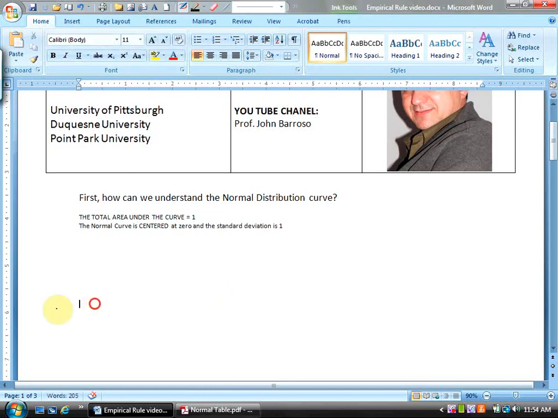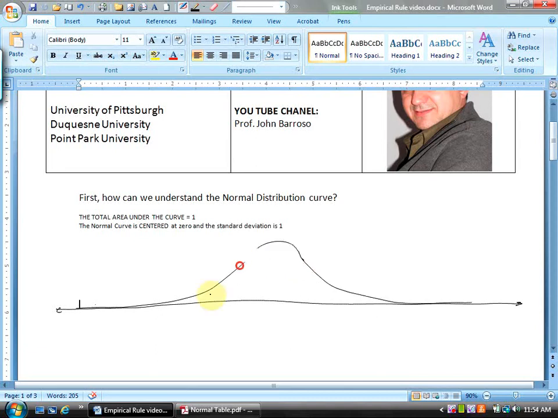Here is the normal distribution shape. I'm making this line long on purpose because the distribution is actually somewhere like here. Now I cut it at this point and I say this is the center of it and the center is 0.